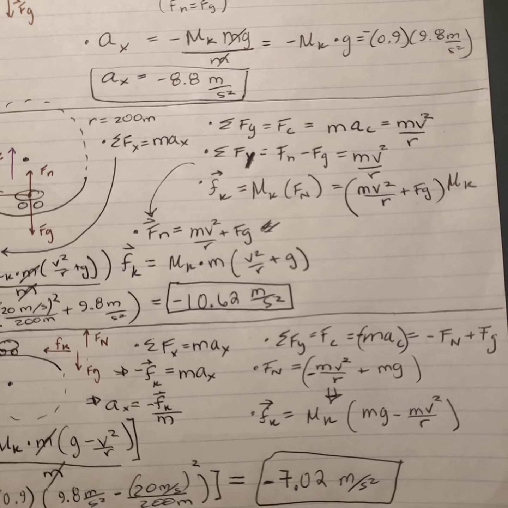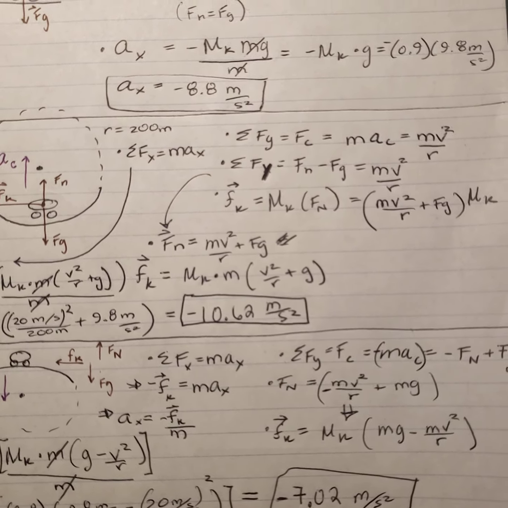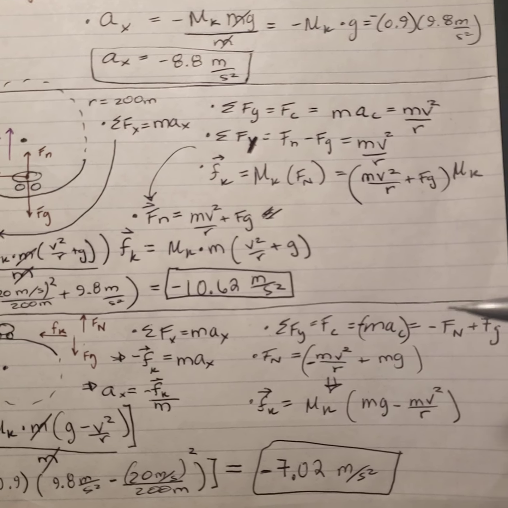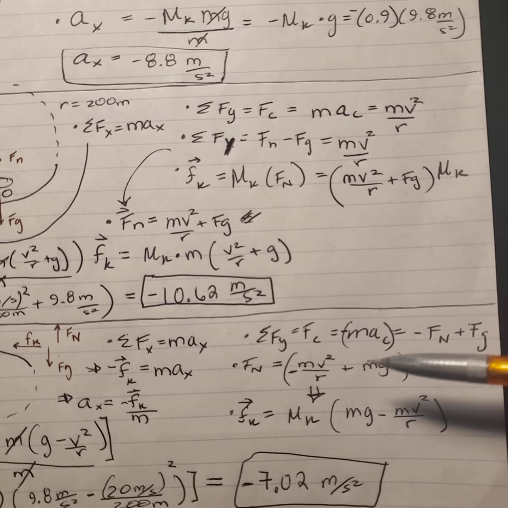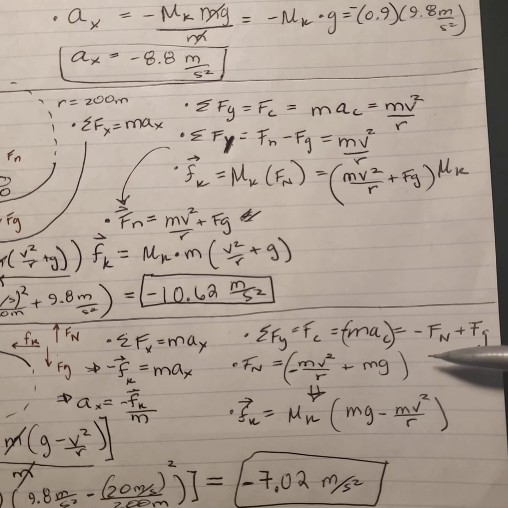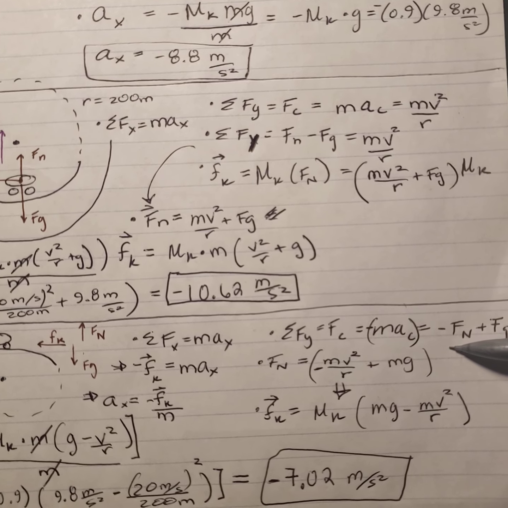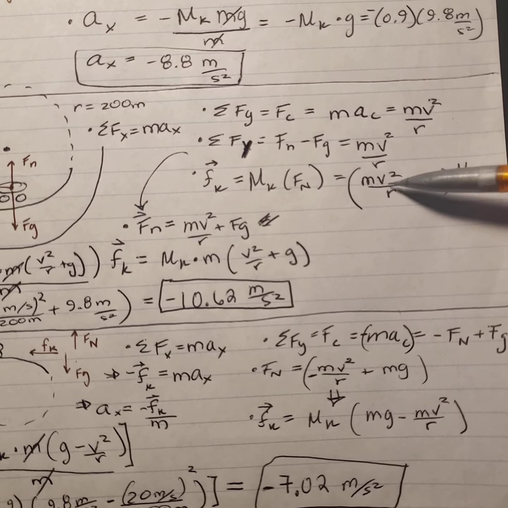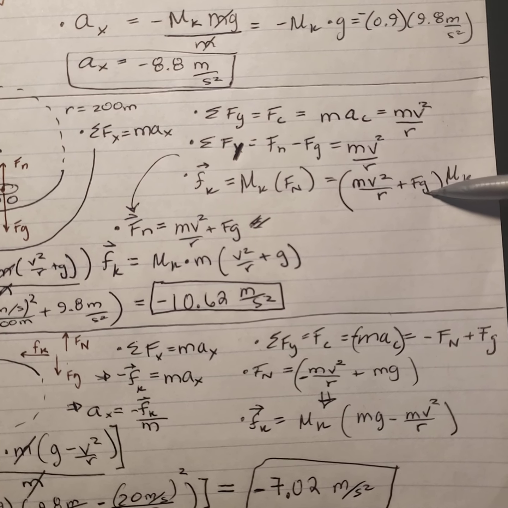We're going to have a negative ma, so this is where it can be confusing, because it gives us negative mv squared over r plus mg as being the normal force, whereas in part B, we had a positive mv squared over r plus Fg.